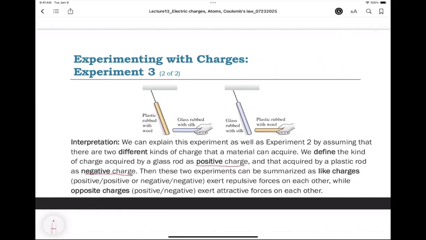Then these two experiments can be summarized as: like charges, positive-positive or negative-negative, which means they have the same properties, exert repulsive forces on each other and get away from each other. Opposite charges, one positive and the other negative, exert attractive forces on each other.